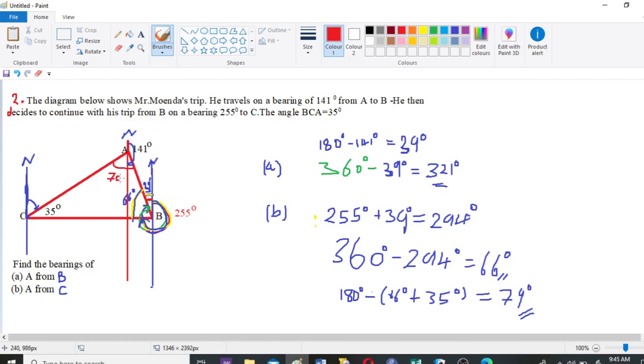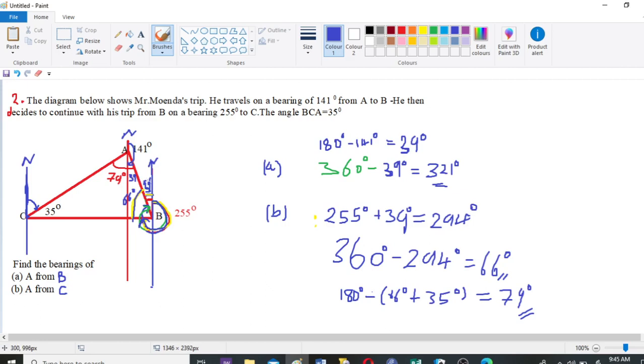So this angle is 79 degrees. Here we have 39 degrees, which we calculated, which is an alternate interior angle to this one that we calculated here.